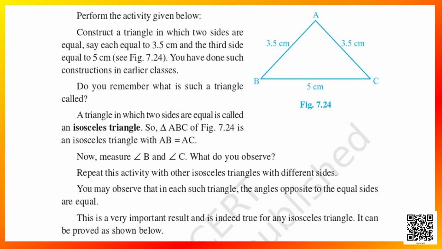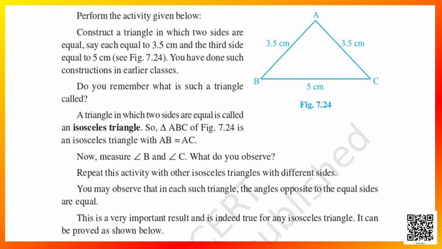So students, let us go through the activity. Construct a triangle ABC with BC of any length and angle B equal to angle C equal to 50 degrees. Draw the bisector of angle A and let it intersect BC at D, as it is given in your book in figure 7.26.